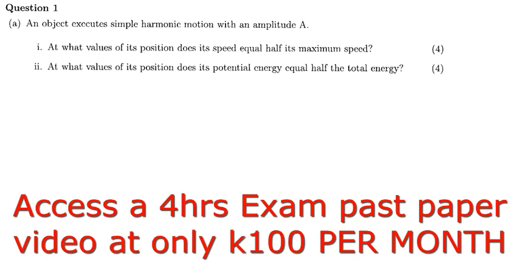Question 1: an object executes simple harmonic motion with an amplitude m. At what values of its position does its speed equal half its maximum speed? Part 2: at what values of its position does its potential energy equal half the total energy?